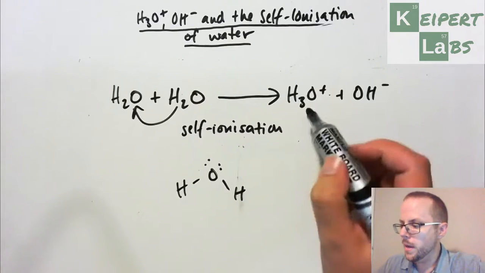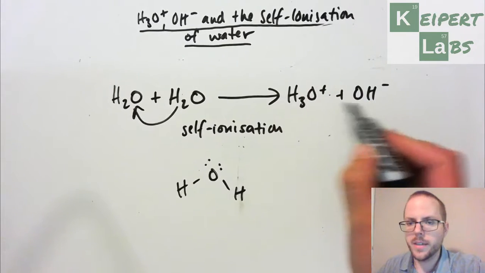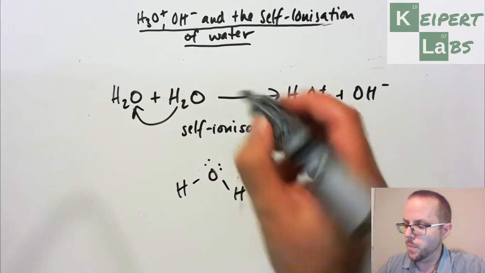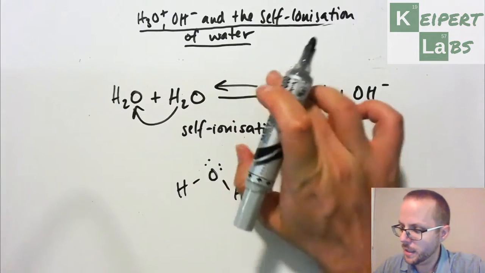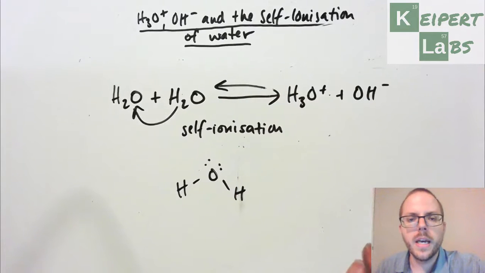Okay, we know that these two ions can react together to go back and form water. So in reality, we should draw that as an equilibrium to be a bit more precise.